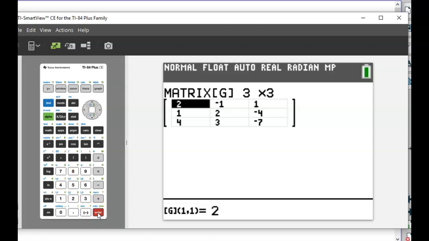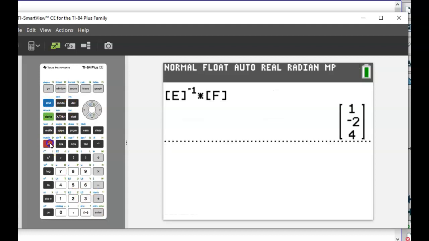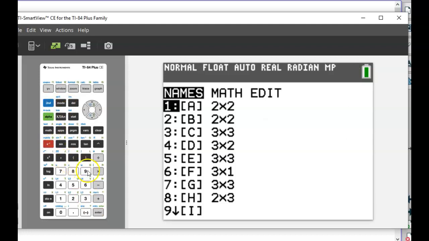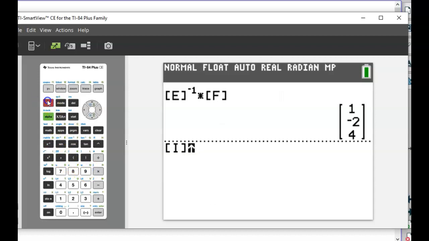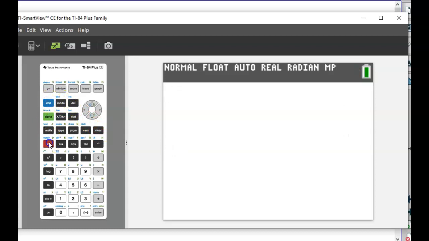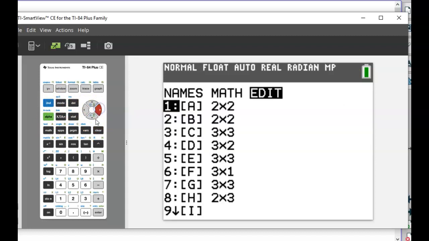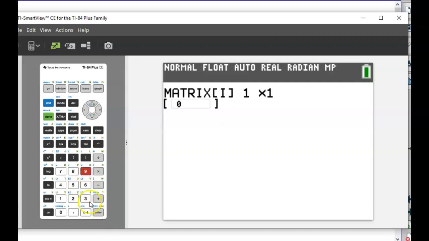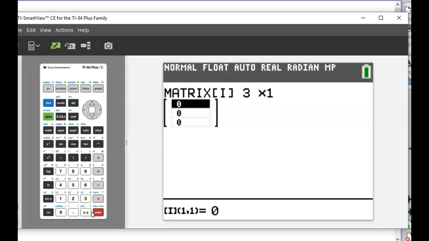Okay, does it look right? Okay, then I'm going to quit and go back in and pick number 9. I forgot to go over to edit. Okay, this one's supposed to be a 3 by 1. 1, 3, -8? Okay.